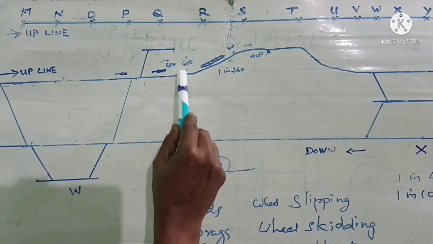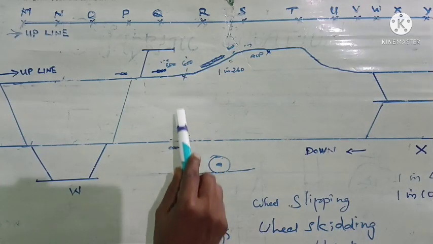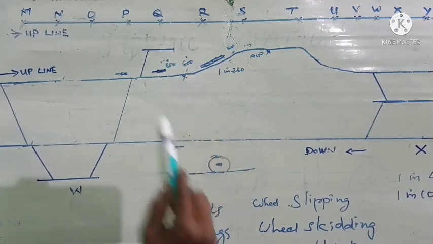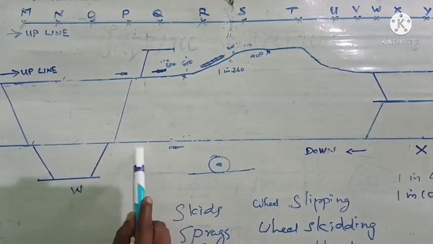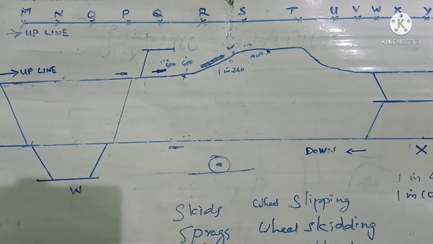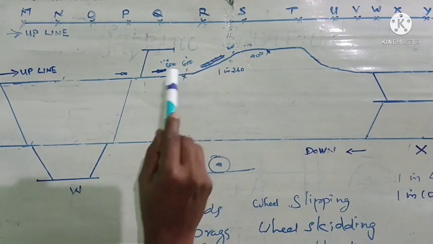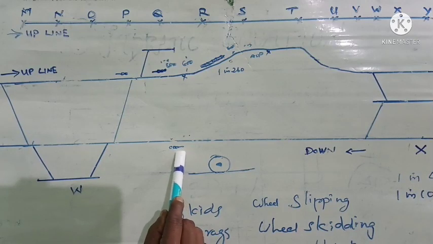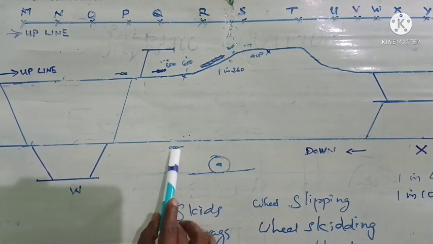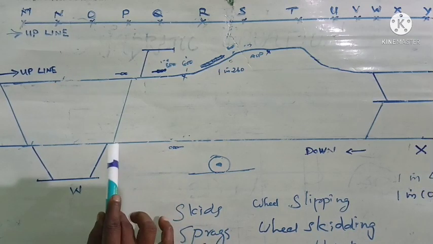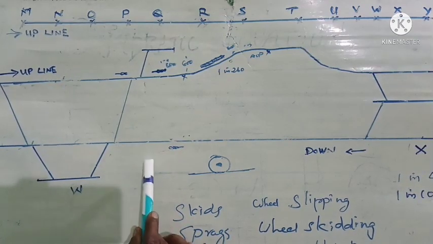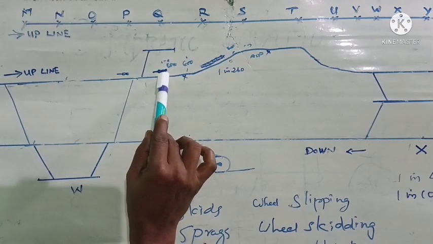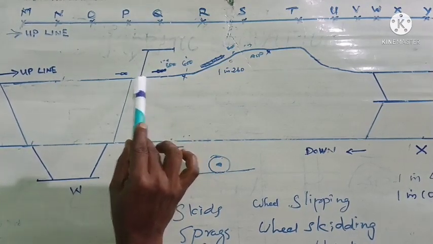He should come and stop at the first signal. Here it is a double line. Here is the advanced starter towards this direction, here it is the home signal towards this direction, that is in the down line. The first signal they will be approaching will be the home signal of the down direction, because from this home signal towards this there should be a minimum of 180 meters, whereas here this advanced starter will be very near to this point.